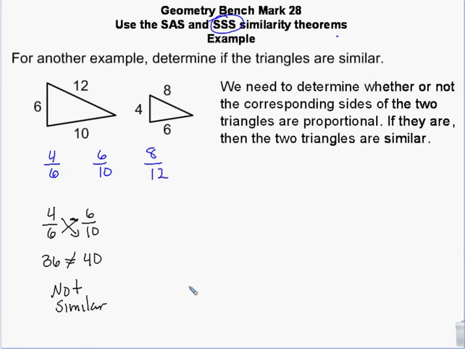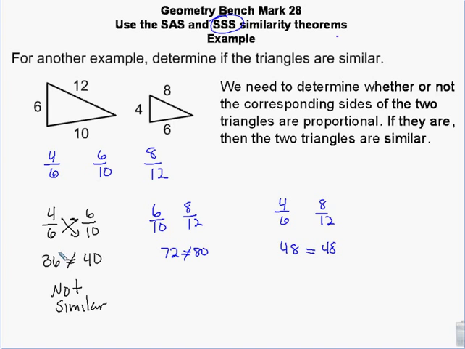But if these were equal, we'd keep going and do 6 over 10 and 8 over 12, and I would get 72 and 80, which is also not equal. And then if I keep going, 4 over 6 and 8 over 12 gives me 48 and 48. These two are equal. But they'd have to all three be equal for the triangles to be similar. So as soon as you hit one that's not equal, you can stop.